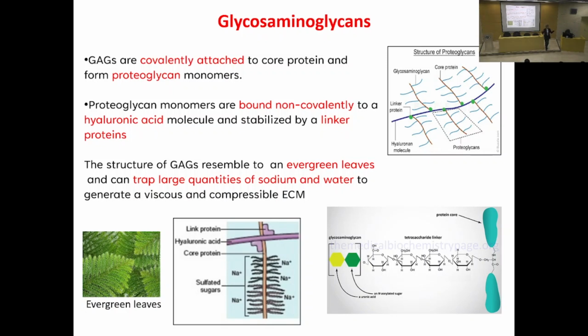Why? To recruit a lot of molecules of water to hydrate their skin. Alright? Because the hyaluronic acid recruits a lot of water molecules. So in this proteoglycan we have hyaluronic acids, and these molecules can recruit a lot of water and a lot of sodium in their structures.